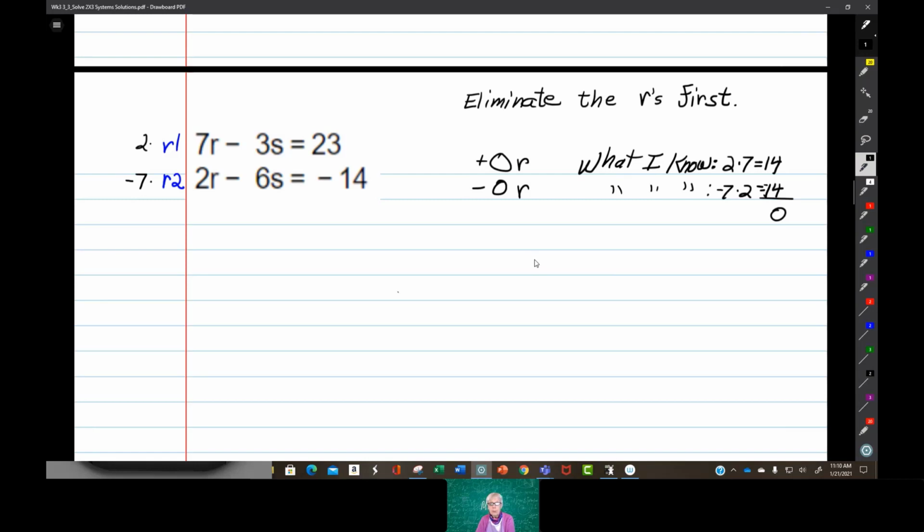So doggone it, that's the way I want to do it. Nobody's going to talk me out of it. But you see, it's a little more difficult, but so what? I'm going to say 2 times row 1 minus 7 times row 2. This is my recipe.